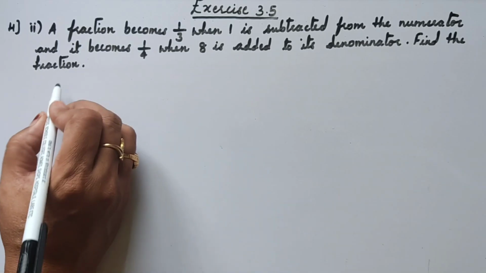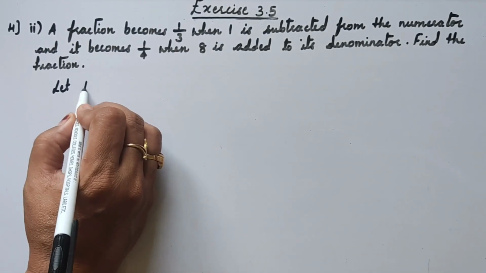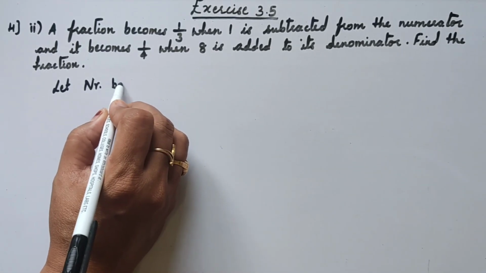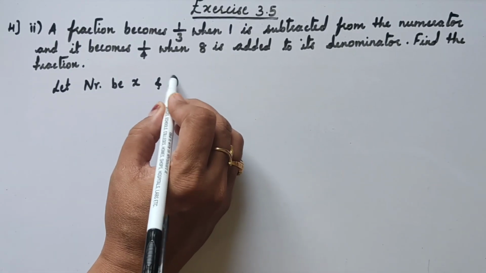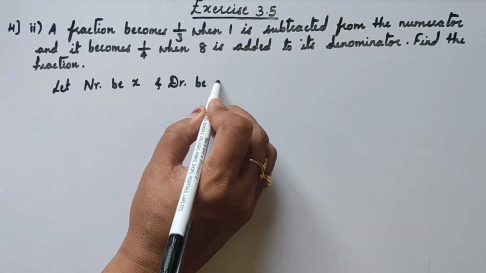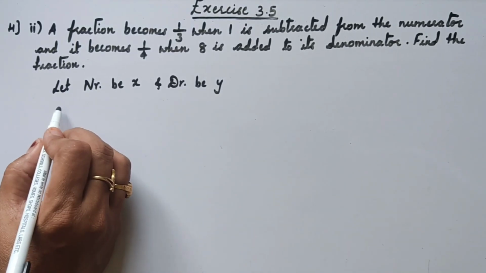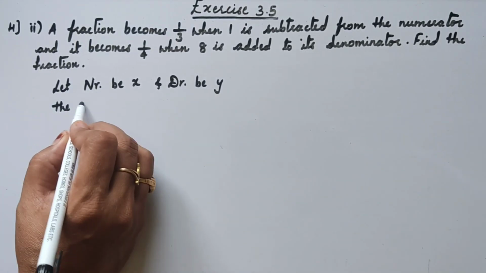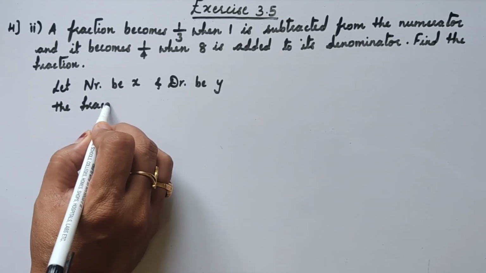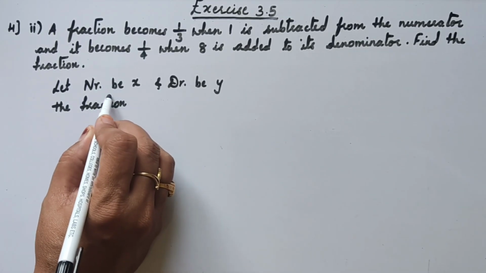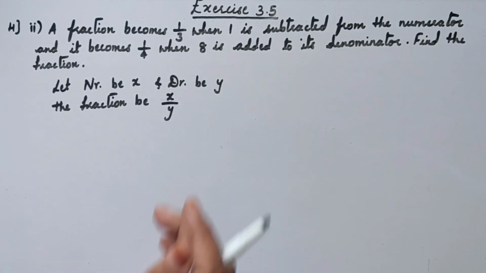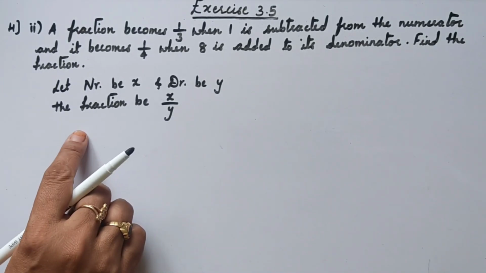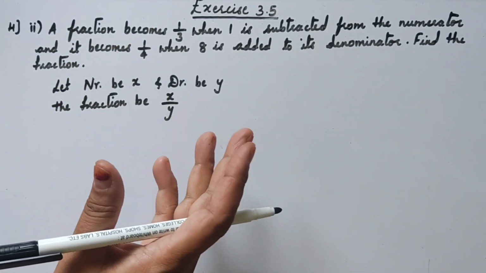Fraction means, let me say, let the numerator be x and the denominator be y, and the fraction be x upon y. Okay, now here the fraction becomes, what is a fraction here?